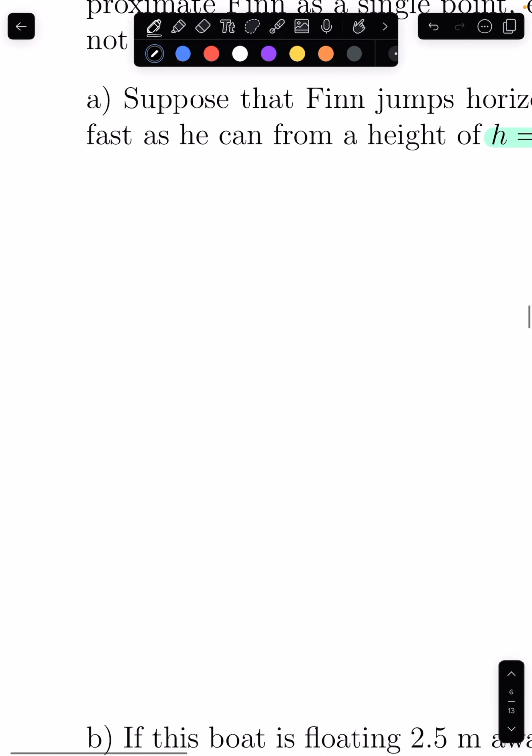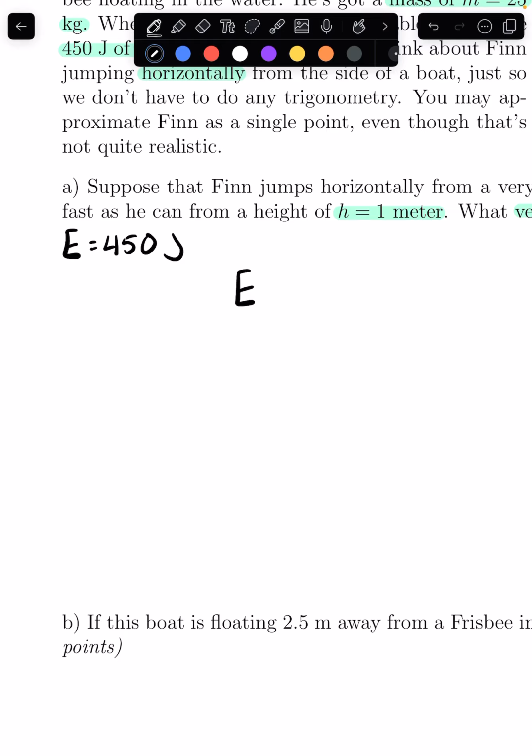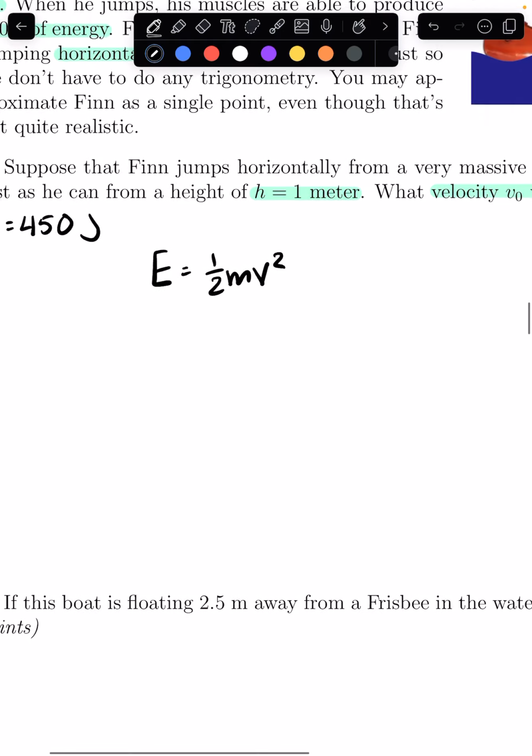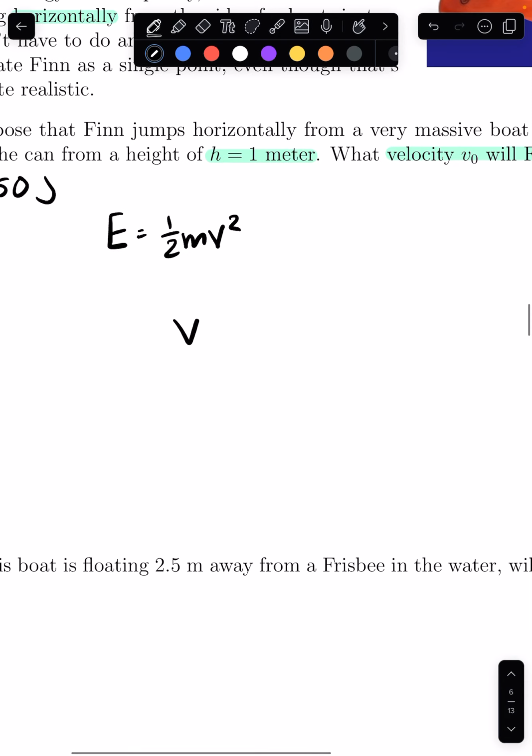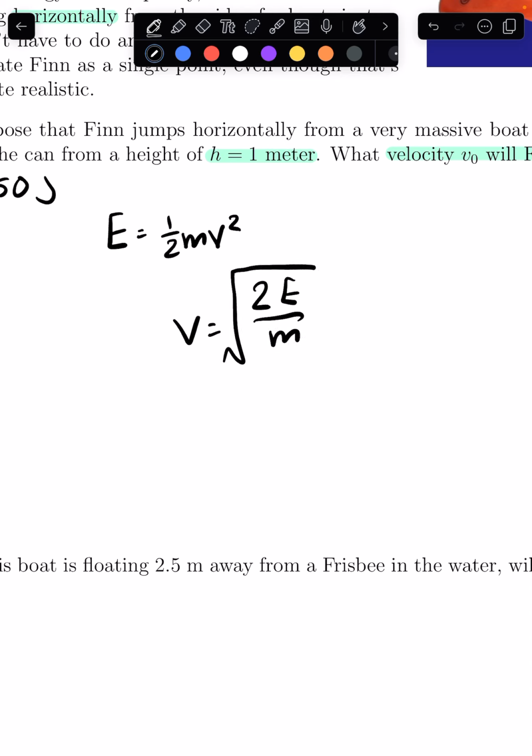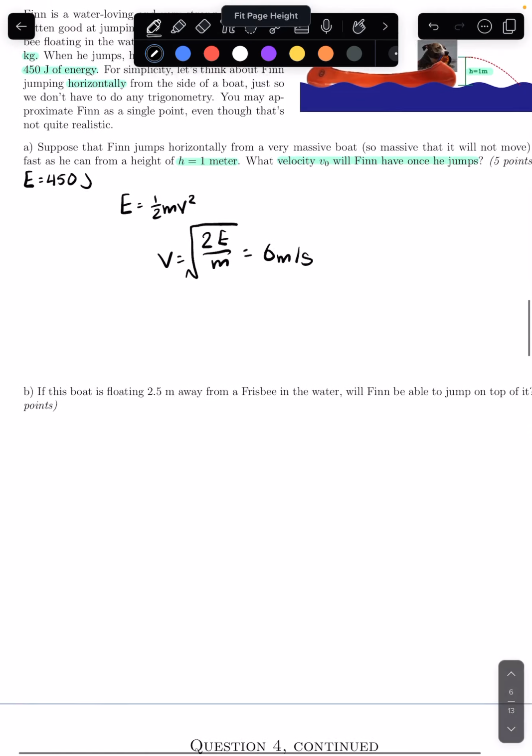We have our E is equal to our 450 joules, and we know that E is equal to 1/2 mv squared, so we can rearrange this to get our V. Our V is going to be equal to 2E over m, and we want the square root of that. When we plug our values in for this, we get 6 meters per second.